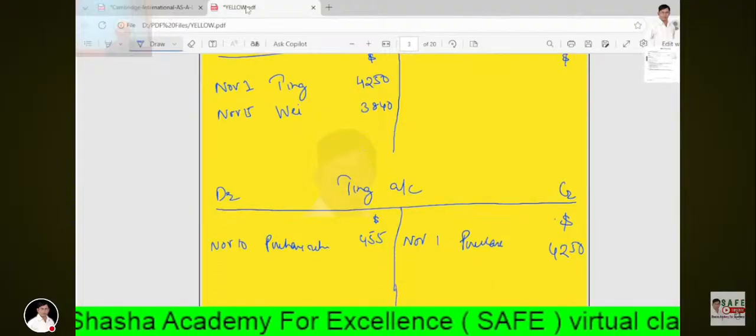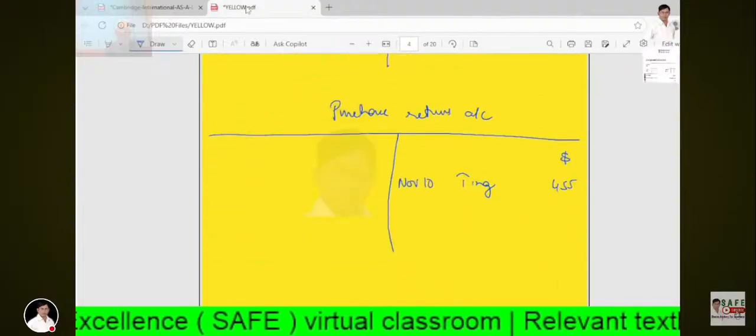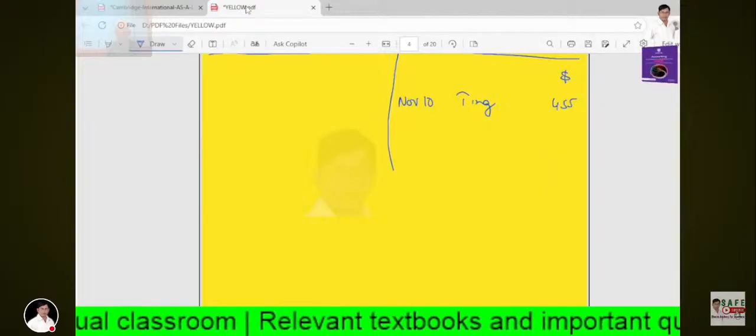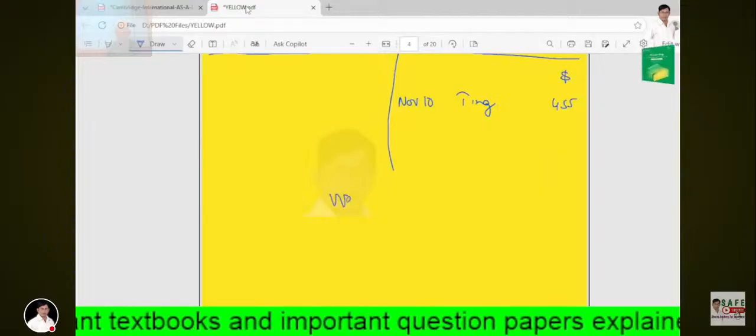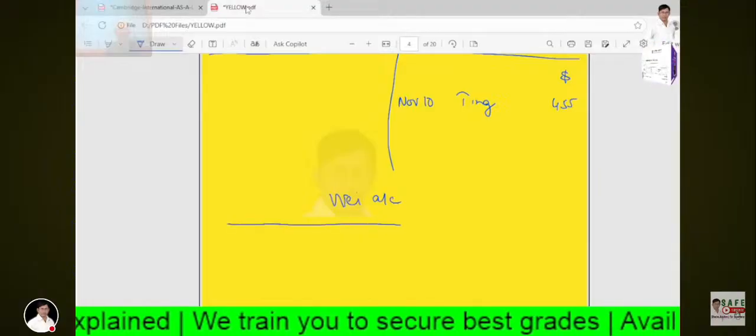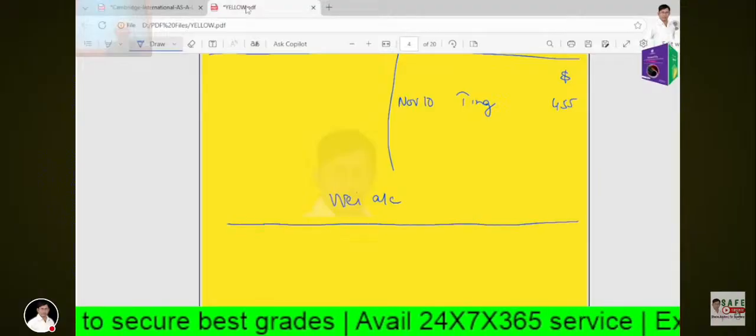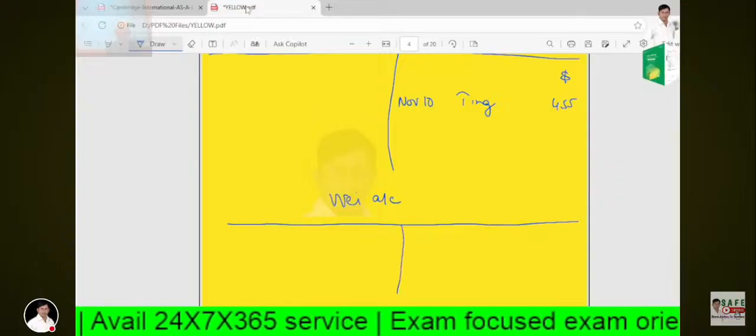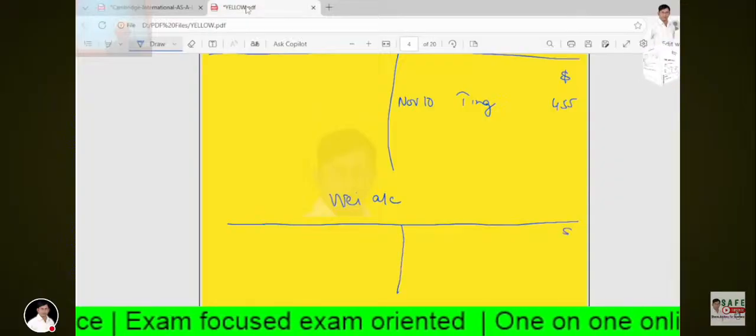Now we have to write it to V account. If it is not there, we have to open V account. When we purchase, V would have given us the goods.